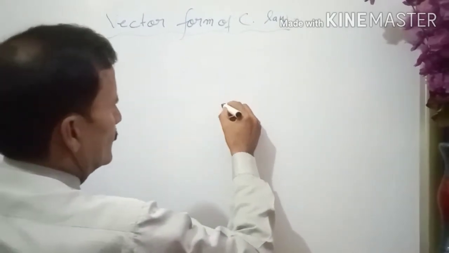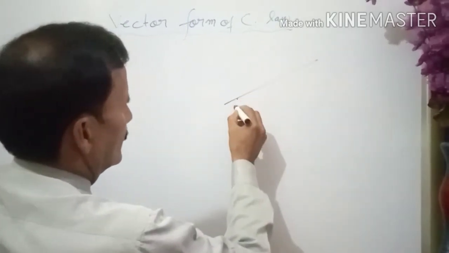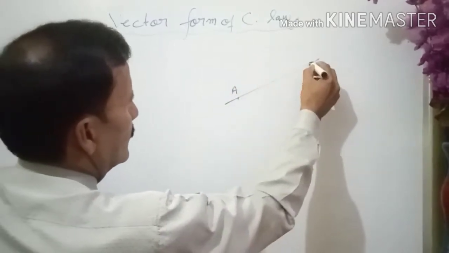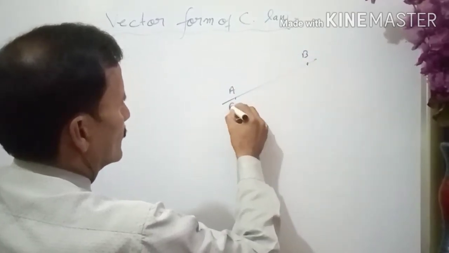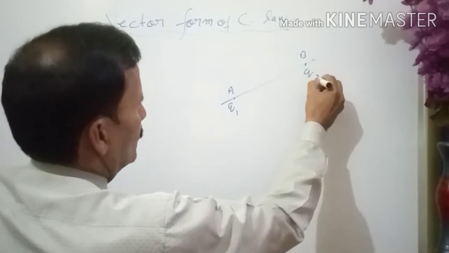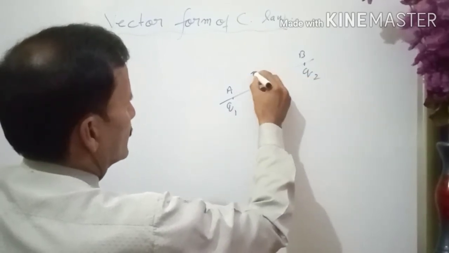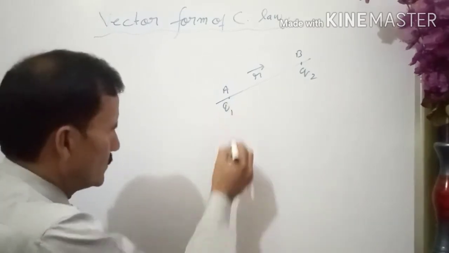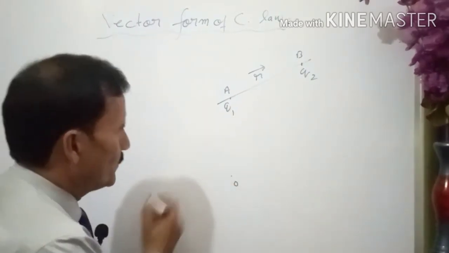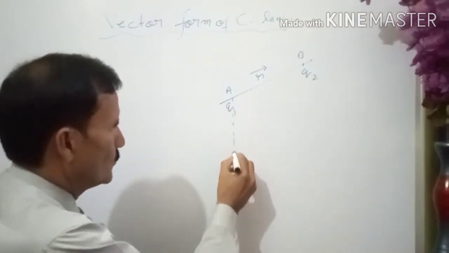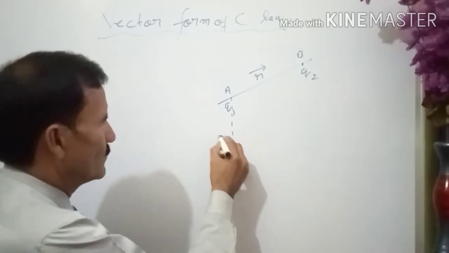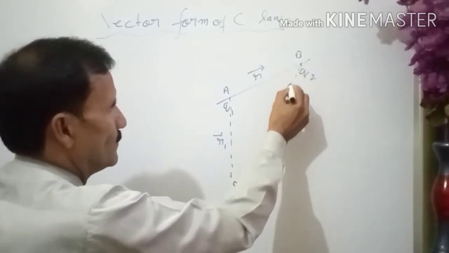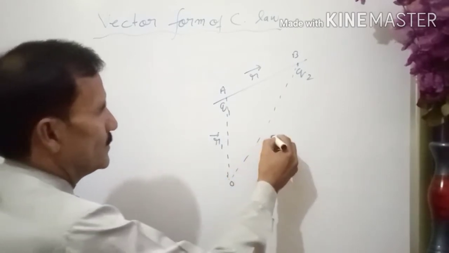So here we are taking 2 points, suppose Q1 and Q2, and the vector distance between them is R. With respect to a fixed point, the position vector of A is R1 and the position vector of B is R2.